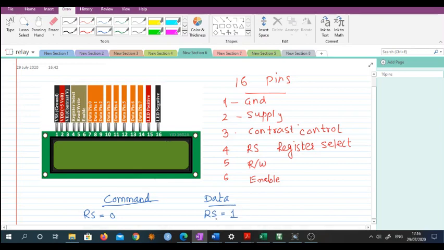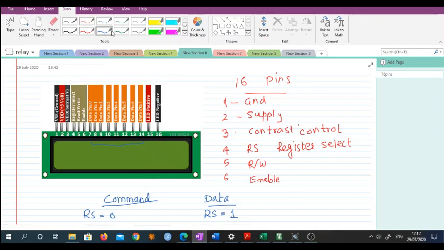But when the RS pin is equal to 1, whatever we transfer on these pins, D0 to D7, is treated as data. This is a very essential part and we have to remember it.